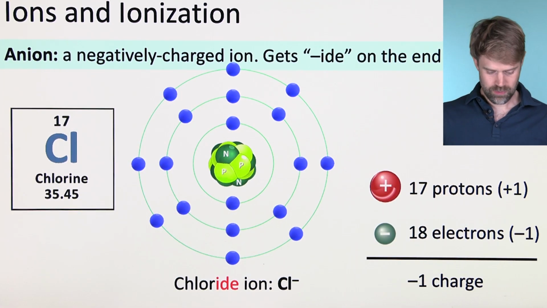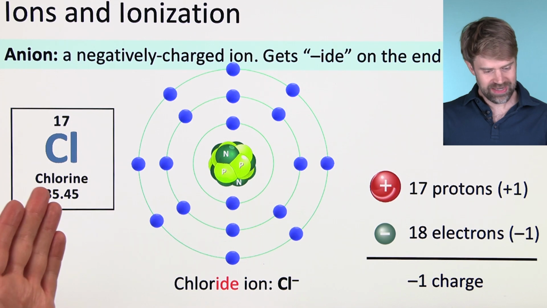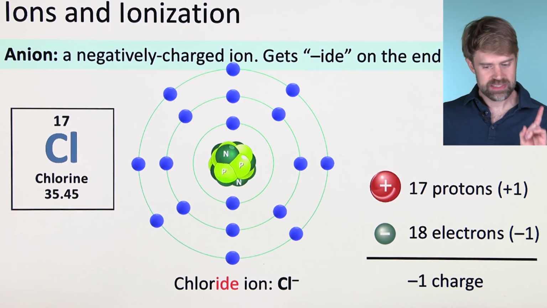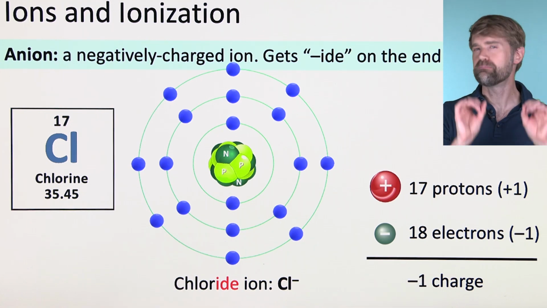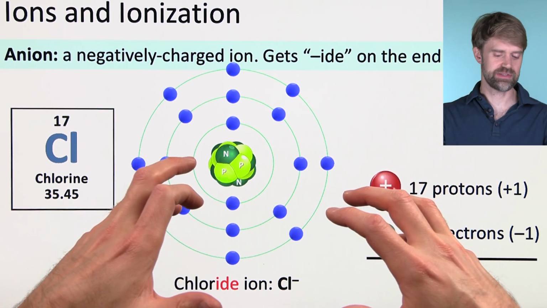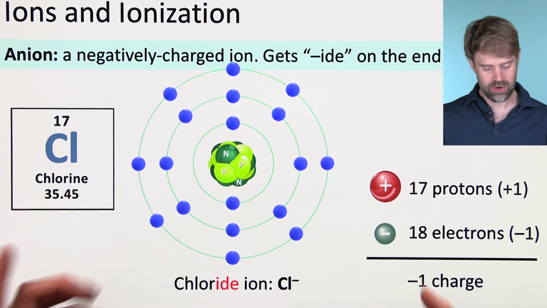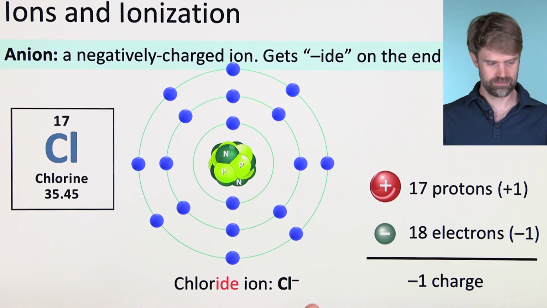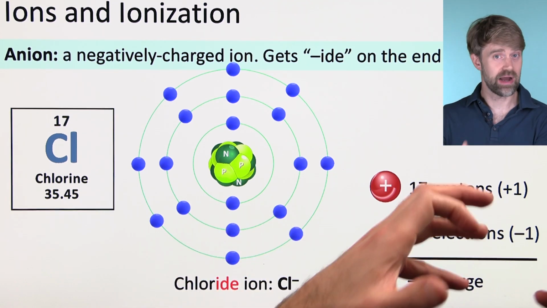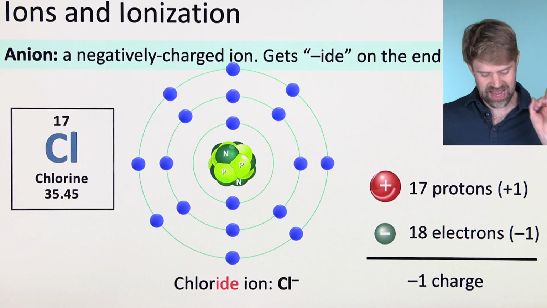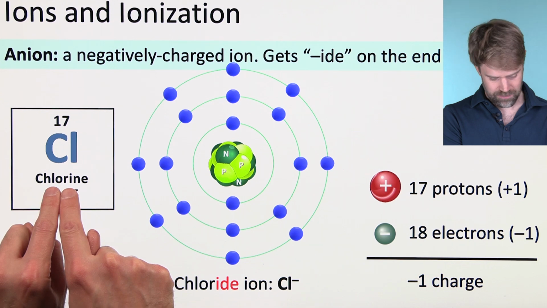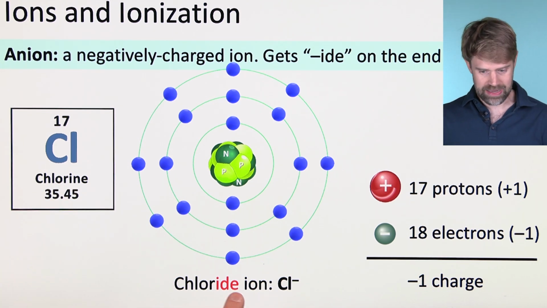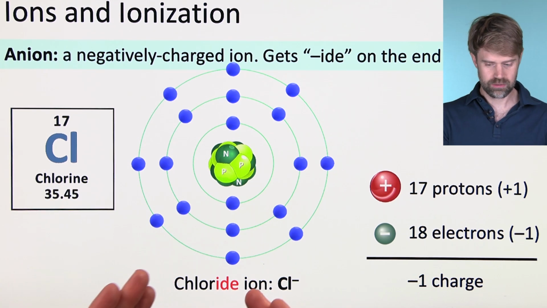So we have a chlorine anion, and there's something else to remember here. Unlike positive cations, anions get renamed. You can recognize an anion, a negatively charged ion, because it ends in the letters I, D, E. So the chlorine atom becomes the chloride ion, or you can just call it chloride.